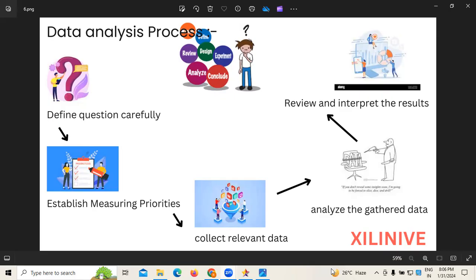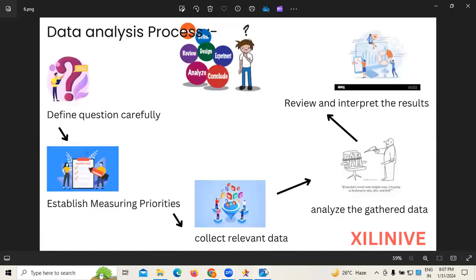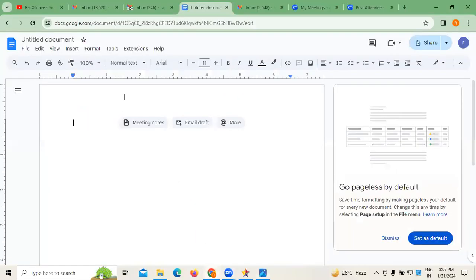Now, when it comes to the first one, let me write on it in the document, right? So this is where generally the data analysis process is all about.